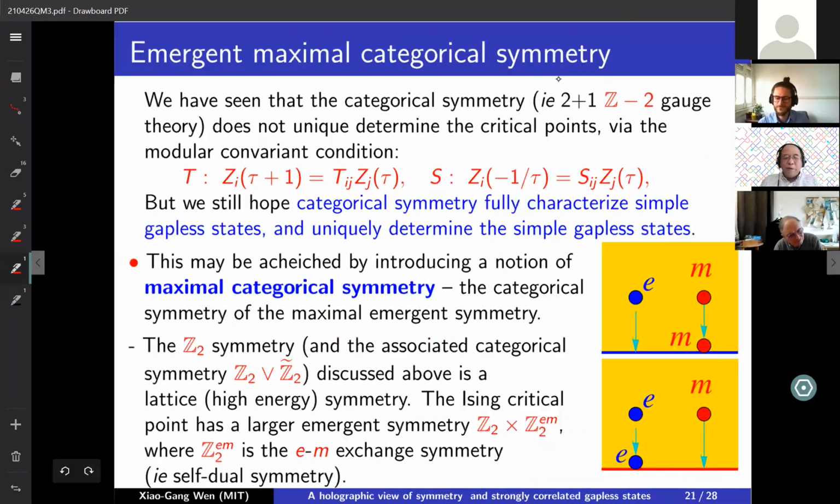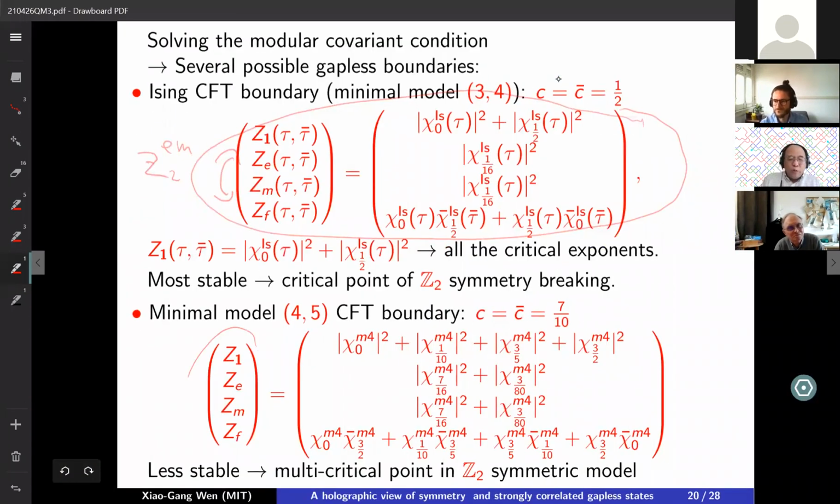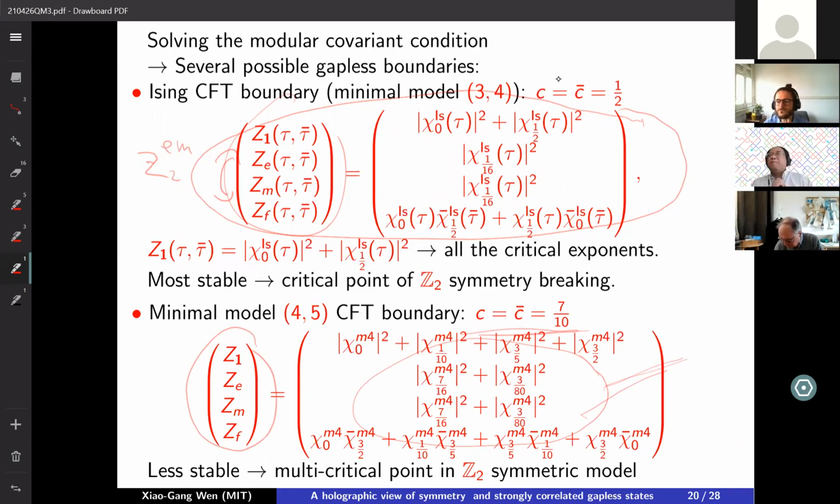From this point of view, although these two theories are boundaries of the same quantum double, this one has a different emergent symmetry, and its maximum categorical symmetry is bigger. So from this point of view, we propose that each gapless state, each conformal field theory, has this maximum categorical symmetry, which corresponds to a modular tensor category. And in this sense, I hope there's a one-to-one correspondence, or almost one-to-one correspondence.